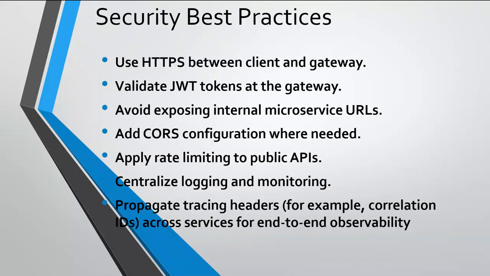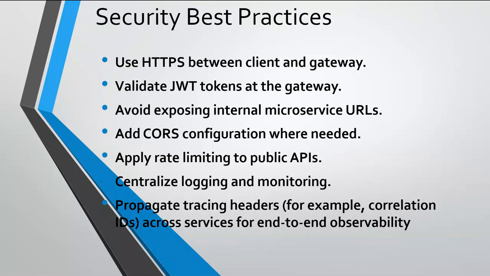So what are the security best practices? How do we ensure that security is maintained for our services? Always use HTTPS between client and gateway. Validate JWT tokens at the gateway. Avoid exposing internal microservice URLs.